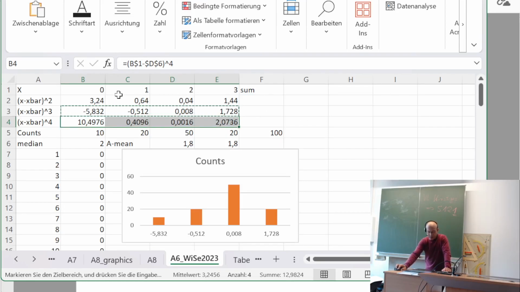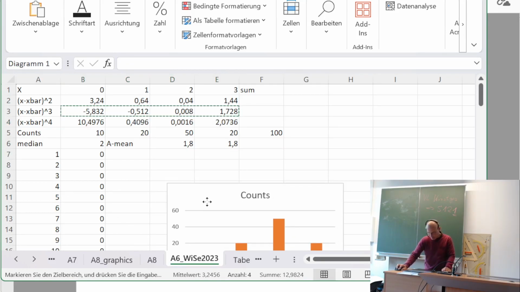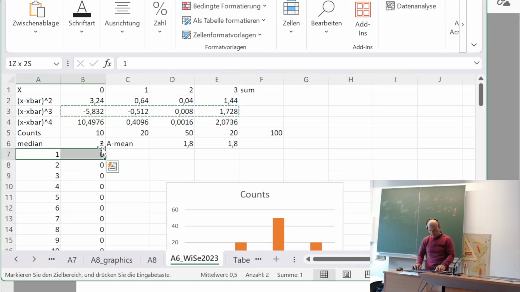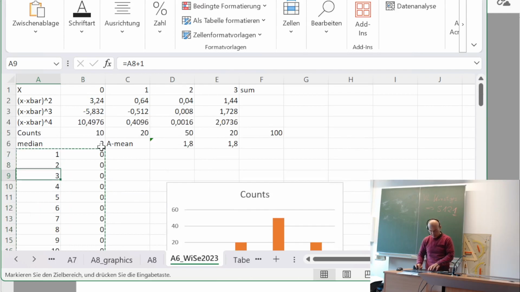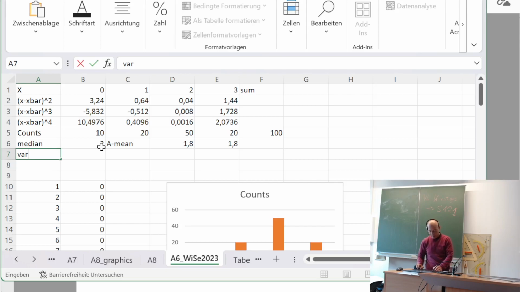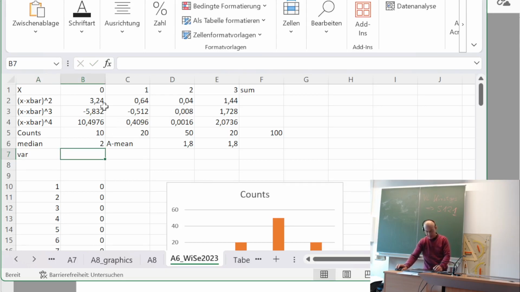Okay, and now we need, of course, the unbiased variance. Did you still see? I need some space here. Let's move this a little bit down. So the variance is then 10 times the squared distance of 0 with respect to the arithmetic mean.